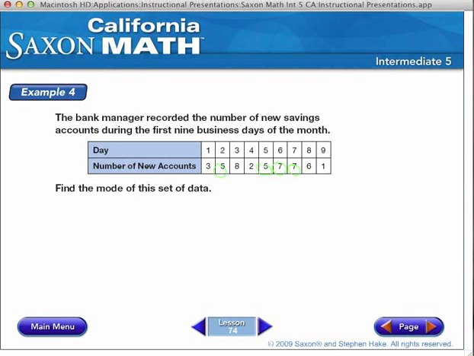So because I have 2 fives and I have 2 sevens, these both appear more than the other numbers in my number of new accounts. So the mode then is actually going to equal 5 and 7. We have a tie. And that's okay. However, if I only saw 1 five and 1 seven, and each number only appeared once, then I would have no mode. Okay? But here I have 5 and 7. I see both of them twice. So this is my answer for my mode.